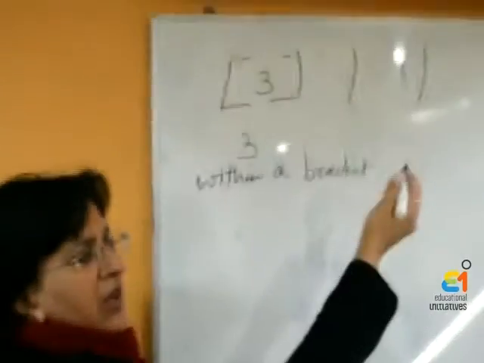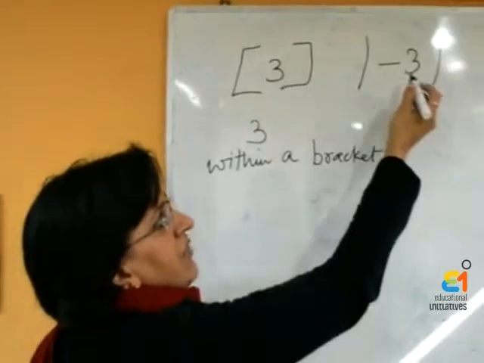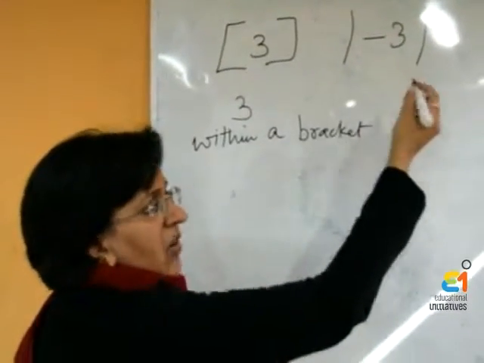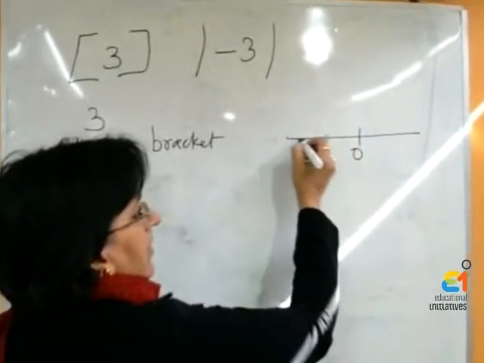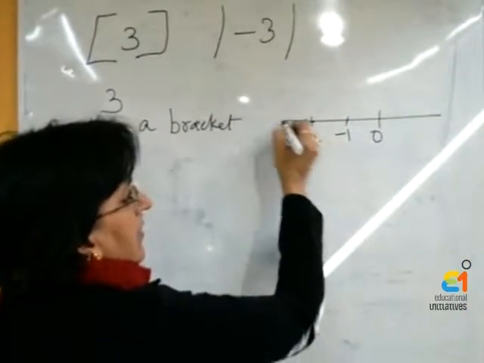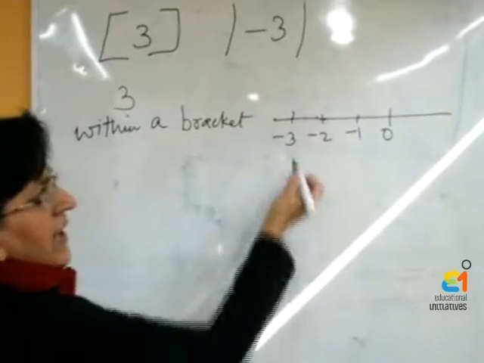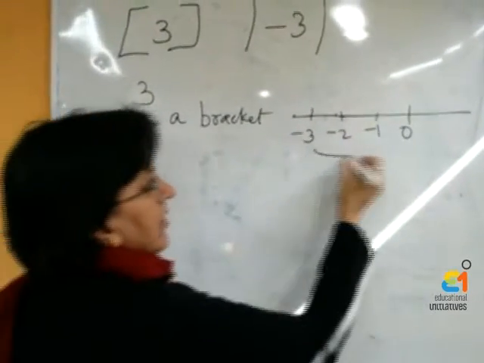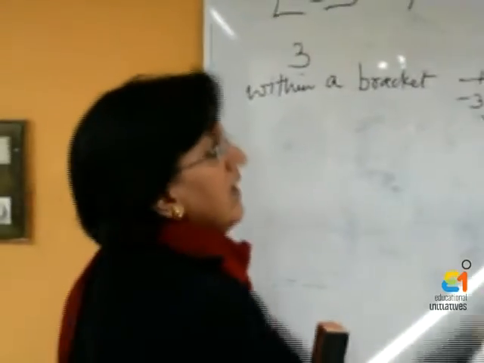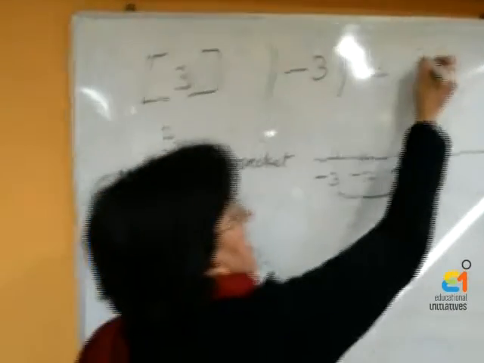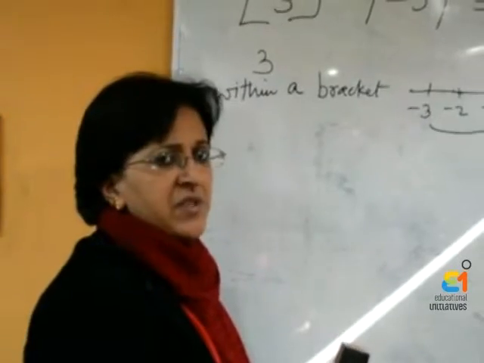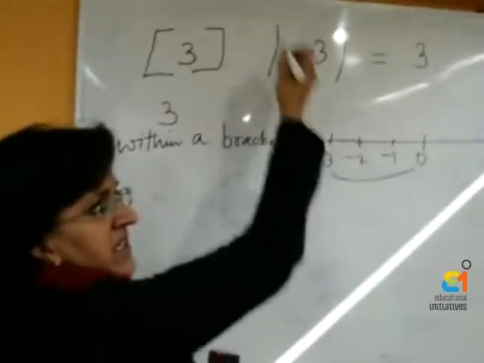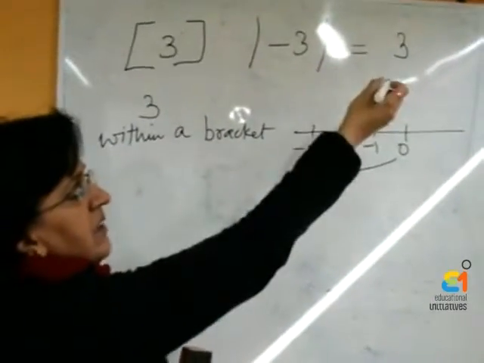So this simply implies the value of -3 on a number line, the value of -3 or the distance from 0, and then we just say that this is 3 since distance is a positive concept. So we say that -3 inside the modulus sign is nothing but 3.